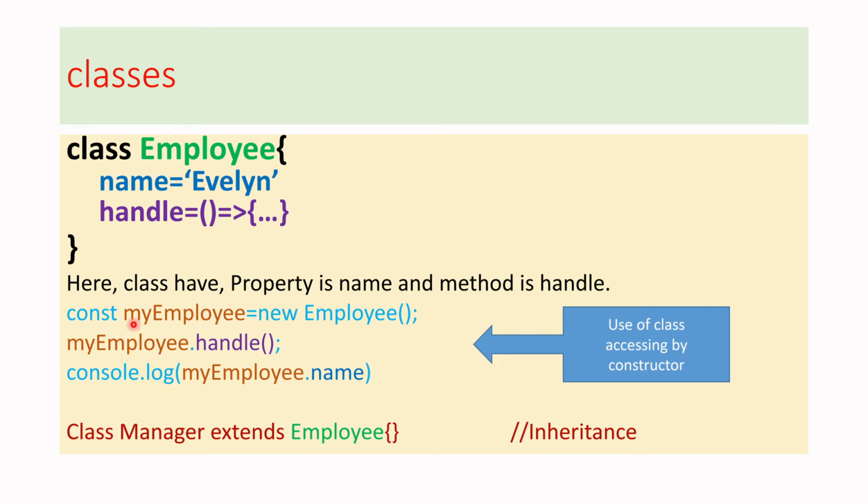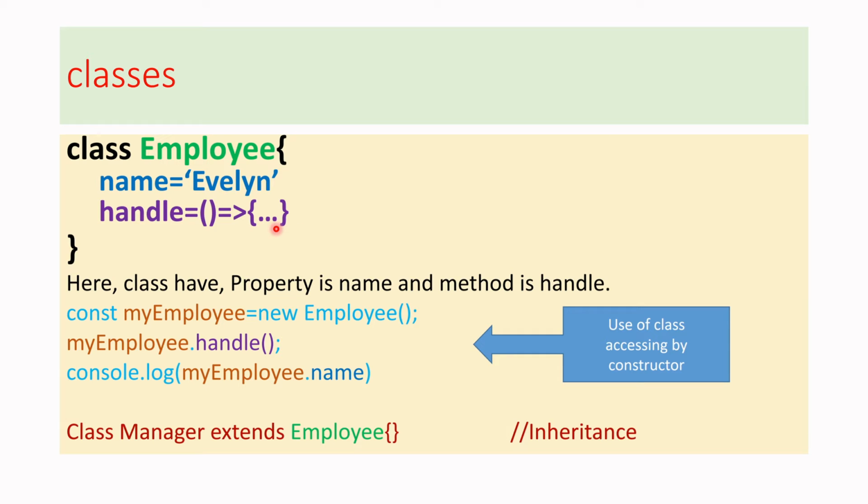Using the new keyword in JavaScript we are creating an employee, the myEmployee object, and from the employee object we are calling handle, because this is the method in the class. And now we will call console.log, and in the console.log we can call object.name, and we can get the data whatever we have in the handle body.